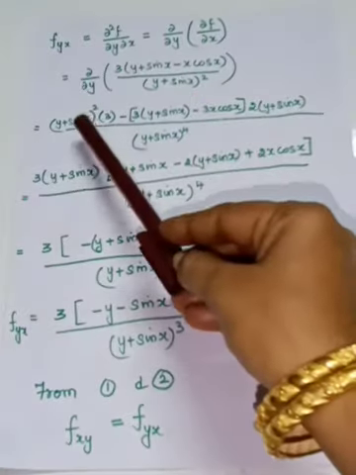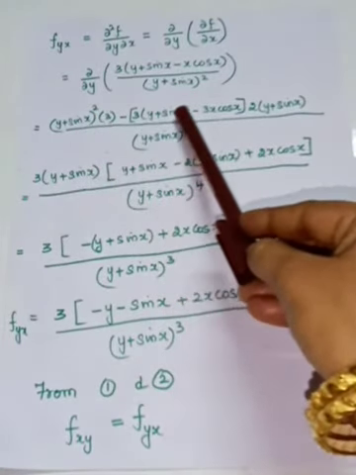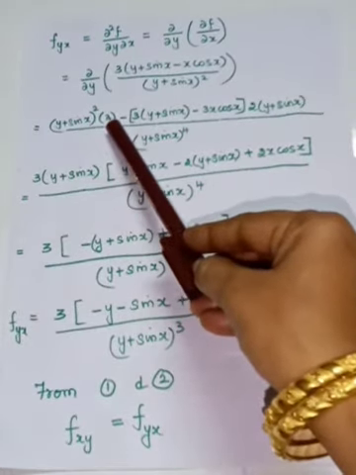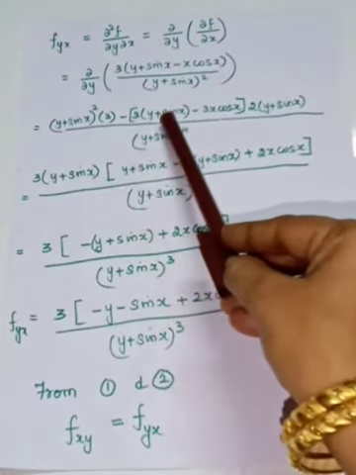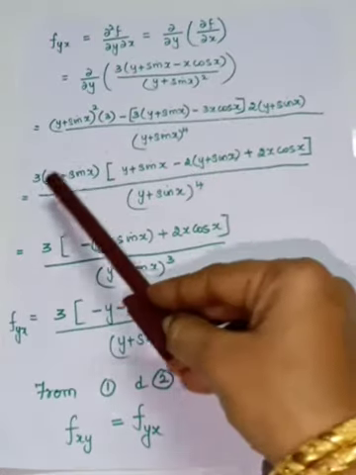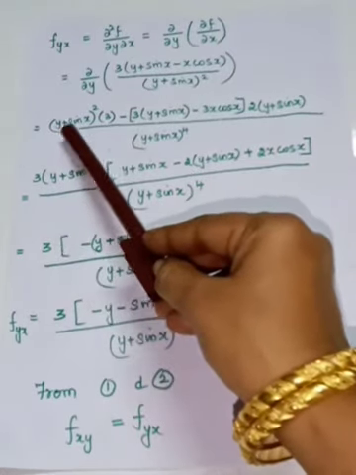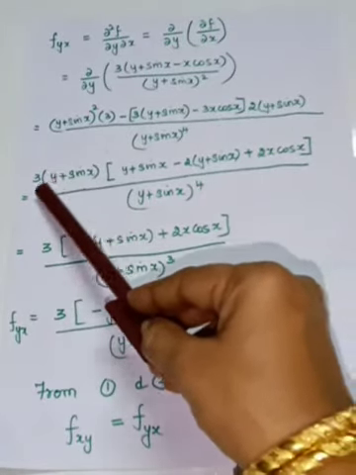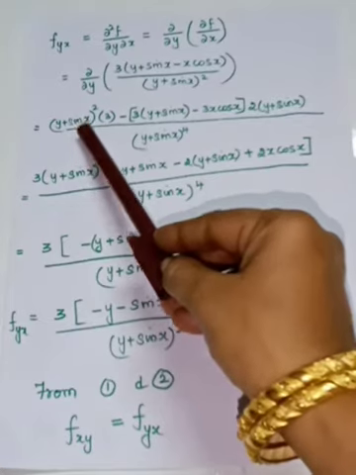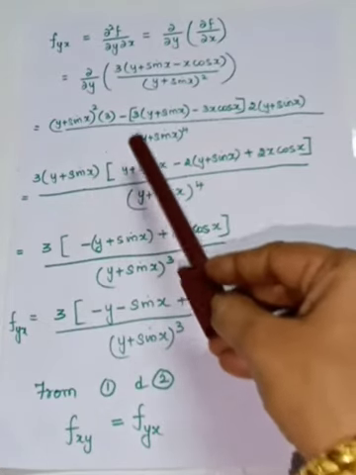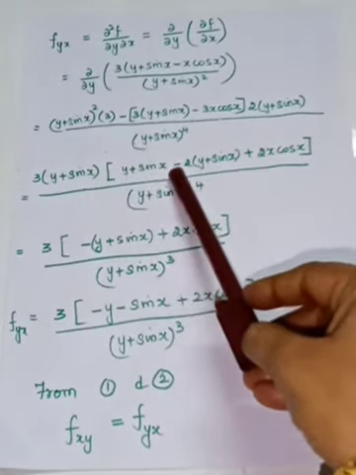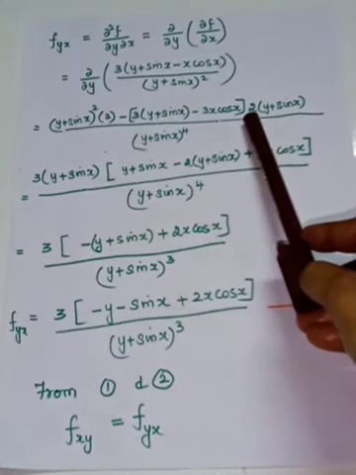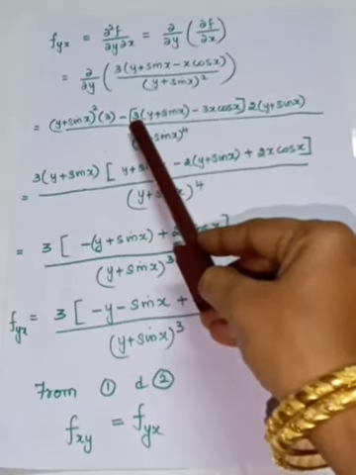So from this term and the whole second term, what is common? 3 is common. Each term has 3. So this 3 is taken out along with (y + sin x). If it is taken out from both the terms, what is remaining in the first term? y + sin x. Then this minus is written. Here you are having only 2. 2 into 3 is 6.